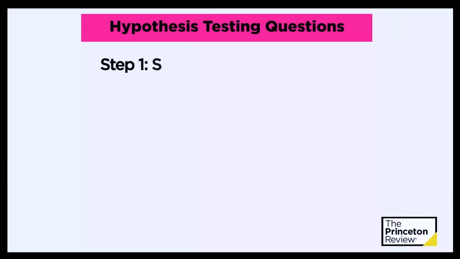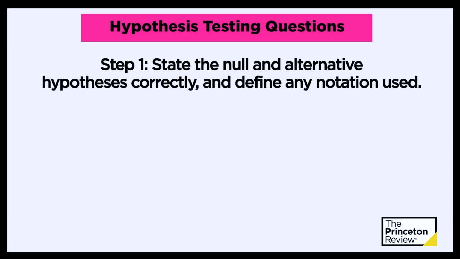To get full credit on hypothesis testing questions, you need to complete the following 4 steps. Step number 1, state the null and the alternative hypothesis correctly and define any notation used. If you switch the null and alternative hypotheses around, you will lose all credit for this step in the AP exam.